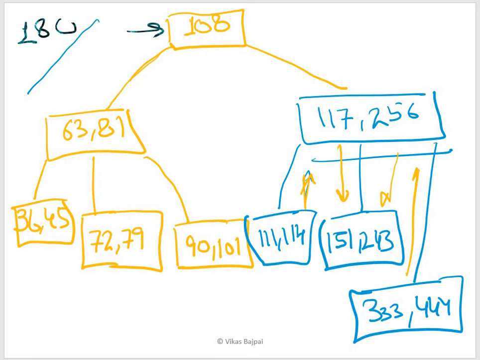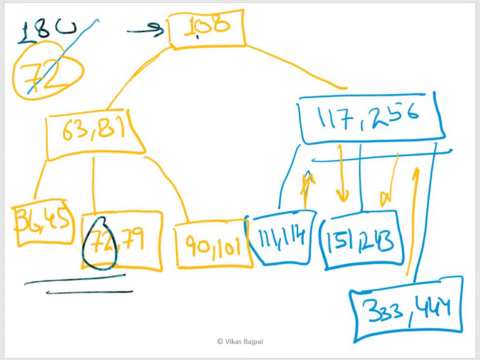Now let's say I have to delete 72 this time. Now where is 72? I came to this side, I identified 63, somewhere in between I identified that it is here. Now if I am deleting this, once again I am violating a particular thing. So what I can do is, I have to do a lot of merging, because this pulling and pushing up is not going to work, because this is going to disturb here as well.